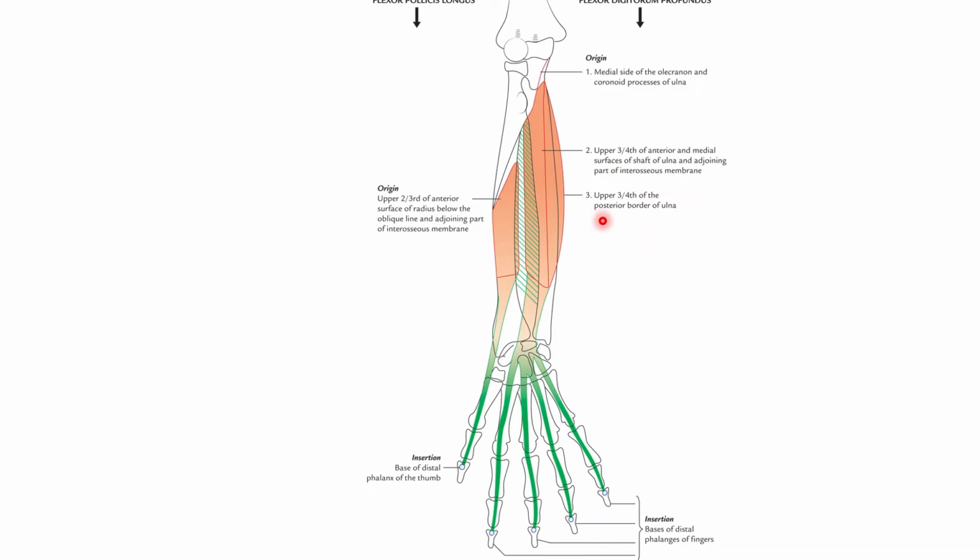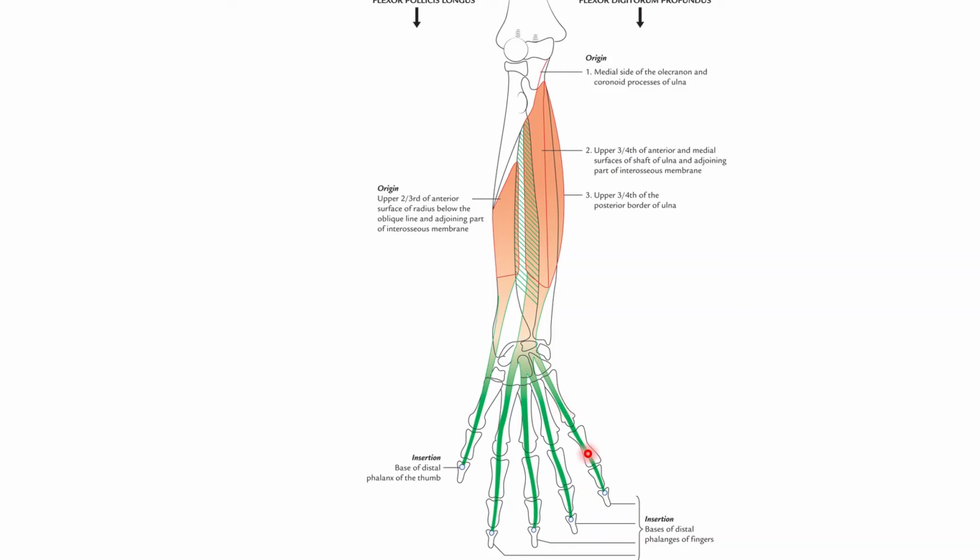Here, the posterior border of the ulna also gives attachment to the flexor carpi ulnaris through the common aponeurosis, as I have already discussed before. The insertion of this flexor digitorum profundus is into the distal phalanx of the corresponding digit, as this muscle divides into 4 tendons for the corresponding medial 4 digits.